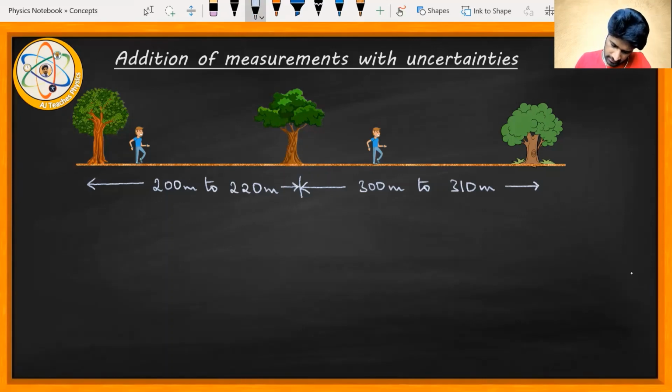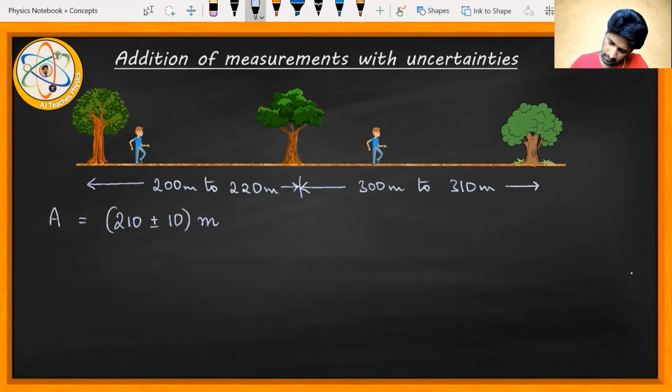Let us note the distance between the first two trees as A. Now we know it ranges from 200 to 220 meters. So we can write it as their mid value, which is 210 plus or minus 10 meters. Meaning that the distance between the first two trees could be anywhere from 210 minus 10, which is 200, to 210 plus 10, which is 220 meters.